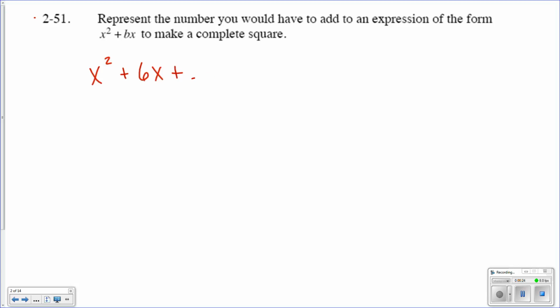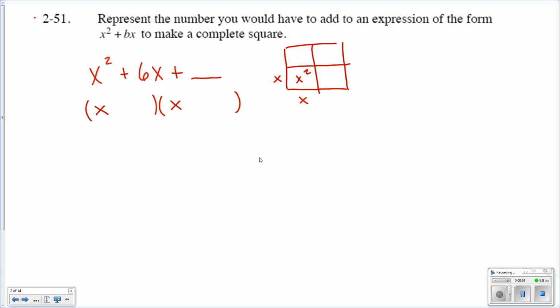So if we have x squared plus 6x plus blank, and you were using the generic rectangle or just two sets of parentheses for your binomials, you know that when you factor it, you're going to end up having a binomial that starts with x in both of them. We've got an x here and an x here.